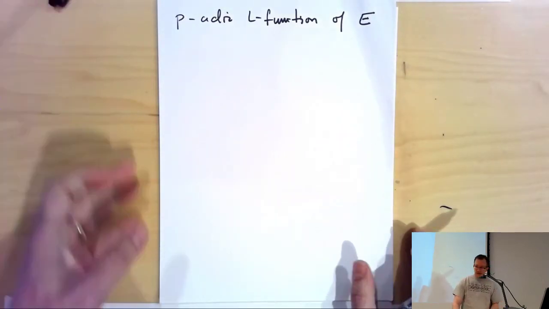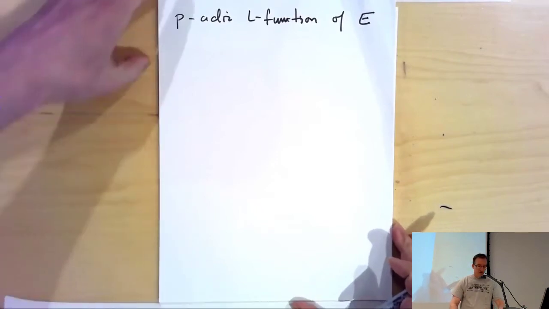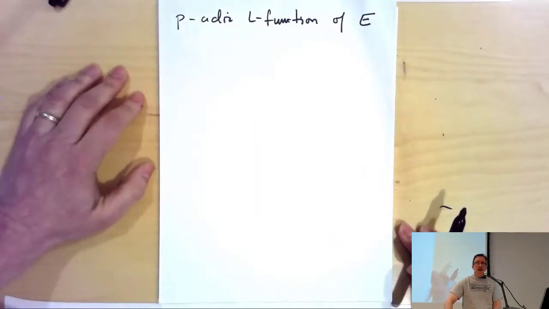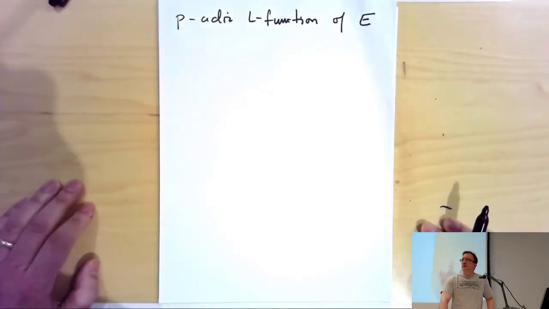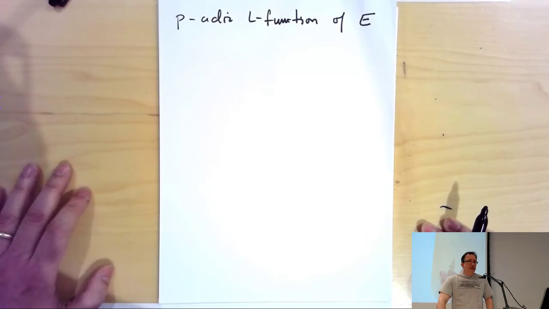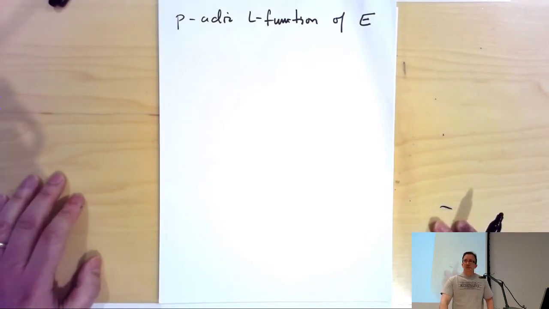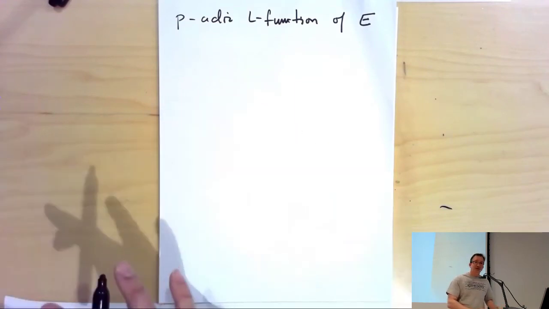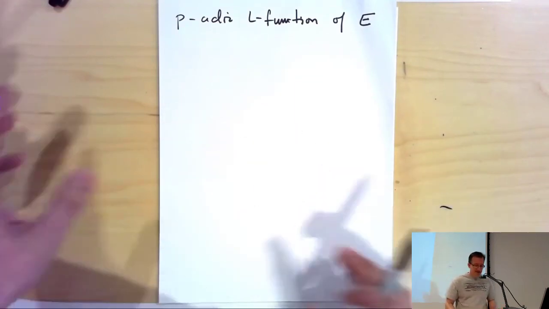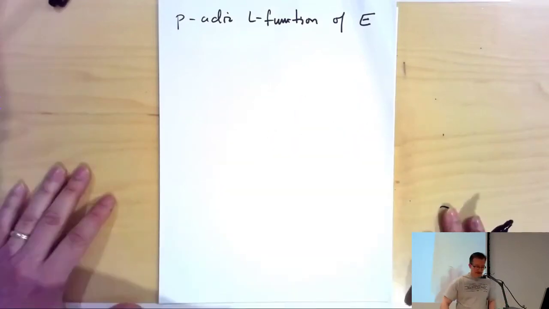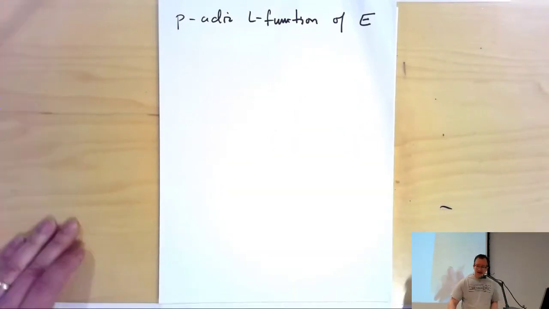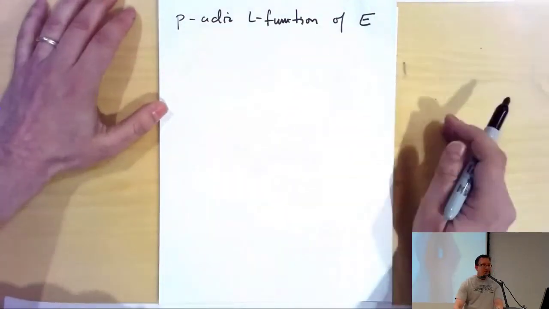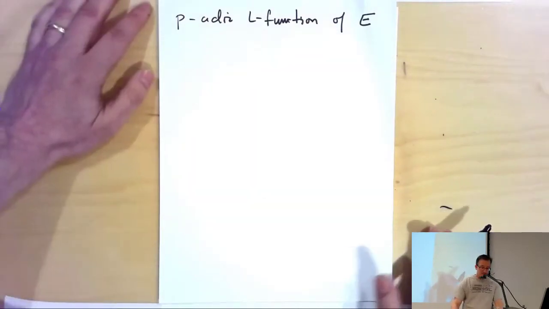Actually, I'm not sure which came first, but certainly the p-adic L function for E has been known for a while, going back at least to work of Mazur and Swinnerton-Dyer, back in the dark ages, when you actually had to make a distinction between the elliptic curves that were modular and the elliptic curves that might not be modular. Fortunately for us, we entered the age of enlightenment, and we know that elliptic curves over Q at least are modular.